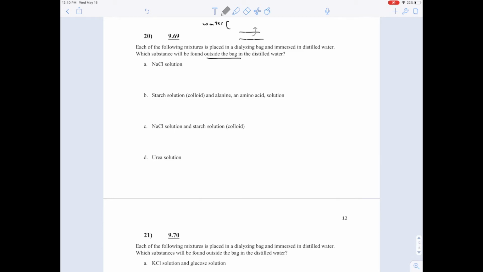In question A, they do not use the word colloid. And so these things would be like the little orange dots, and this would be found outside of the bag.